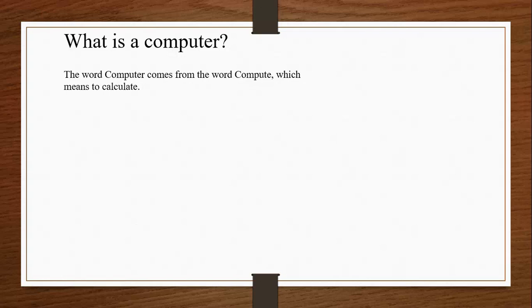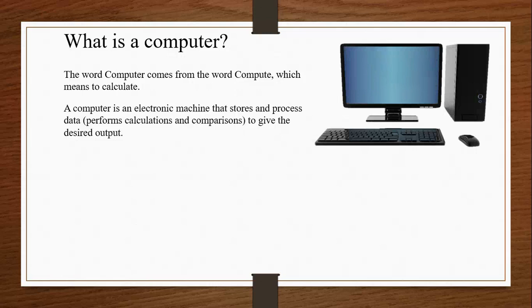The word computer comes from the word compute, which means to calculate. I hope you understood. Now, a computer is an electronic machine that stores and processes data, performs calculation and comparison to give desired output.